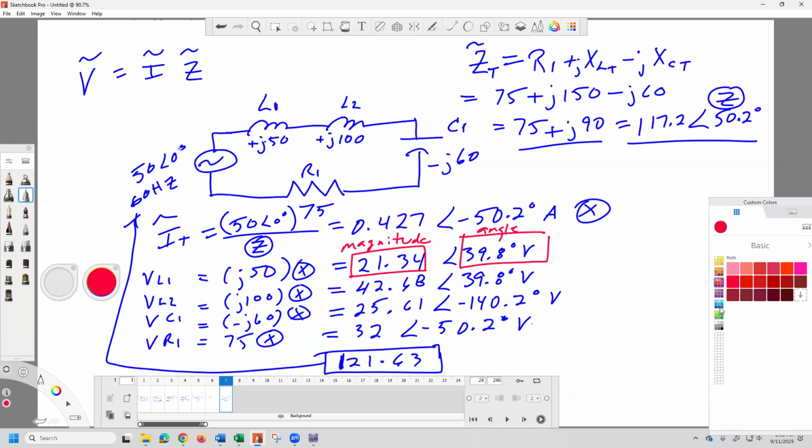So if I drew this on a complex coordinate plane, I would go 21.34 angle 39.8 degrees. So this is VL1.